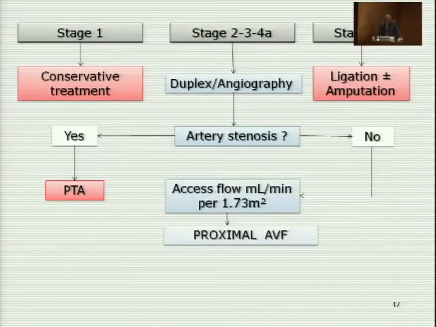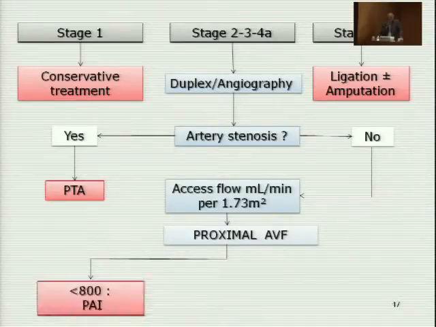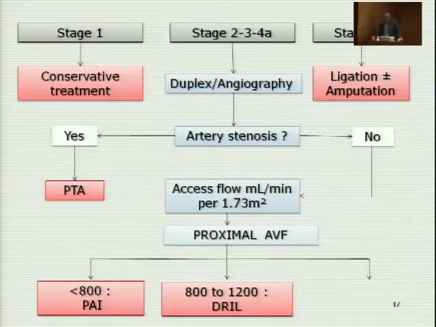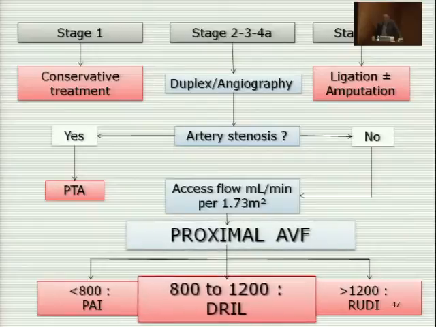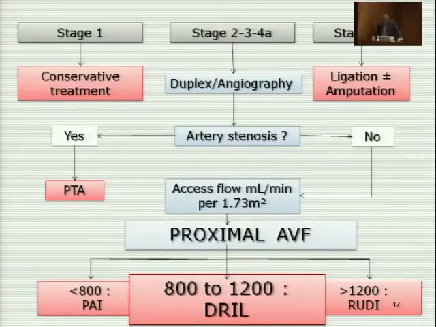If there is no artery stenosis, you have to rely on the flow. For proximal AVF, if the flow is under 800, I will do a PI. Between 800 and 1,200, which is almost normal, I will do a DRIL.